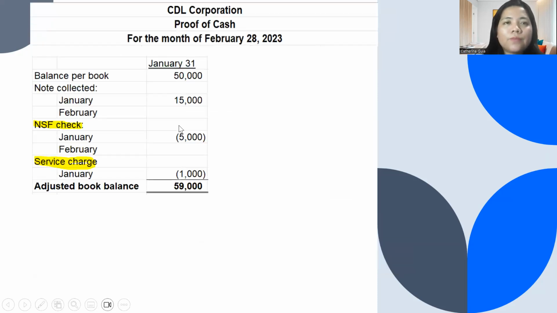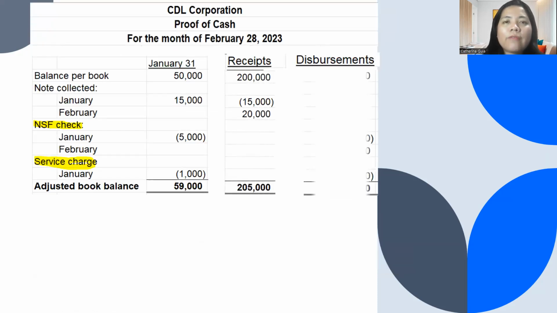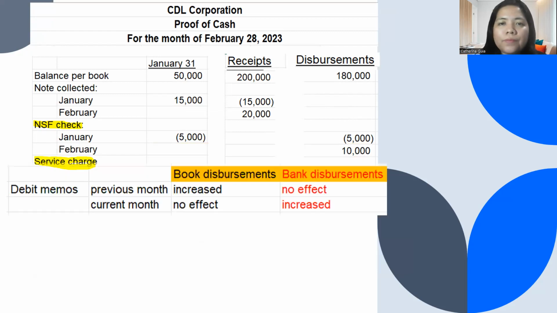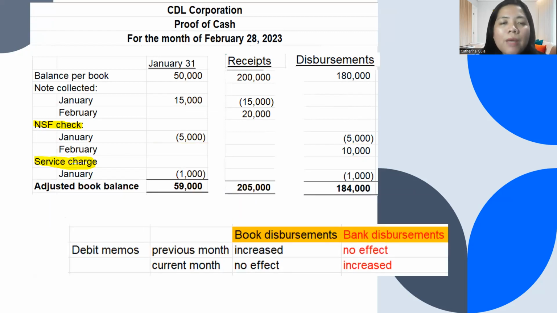So next, we have the disbursements. As mentioned, we have the NSF check and the service charge. The debit memos of the previous month do not affect the bank disbursements, but increase our book disbursements.